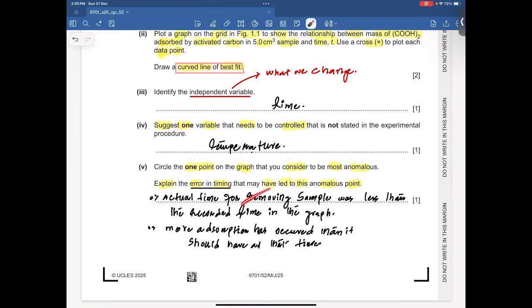So these are the two possible explanations for this anomalous point. Could be either way, you can get 1 mark. Okay.